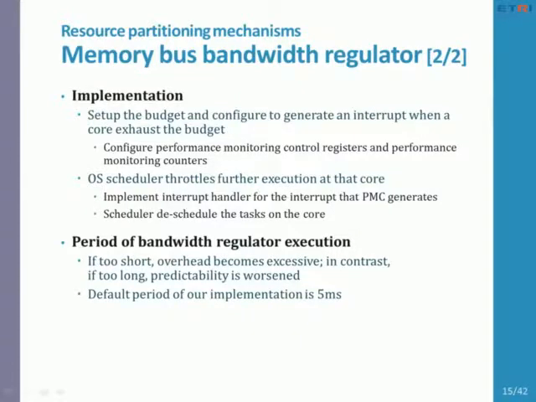So we set the default period of our implementation to 5 milliseconds, because if we use a shorter period, the frequent interrupts affect the performance. But in the original paper, the period of this memory bandwidth regulator was 1 millisecond, so I think that we have room to improve our implementation.